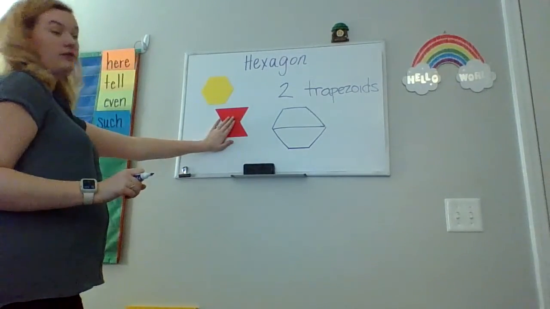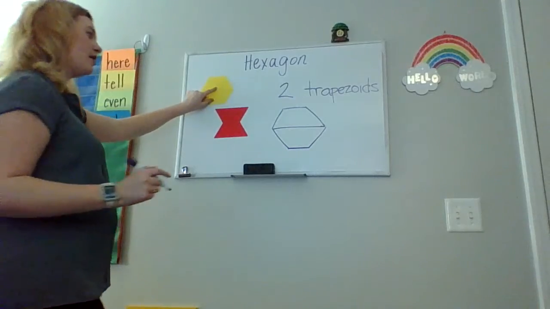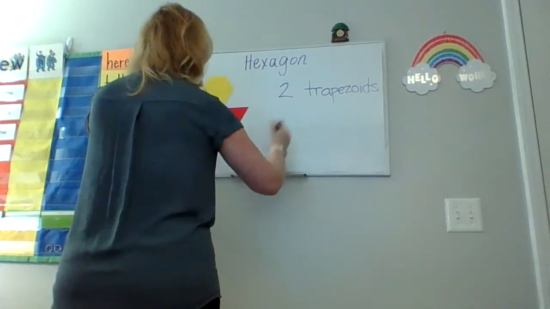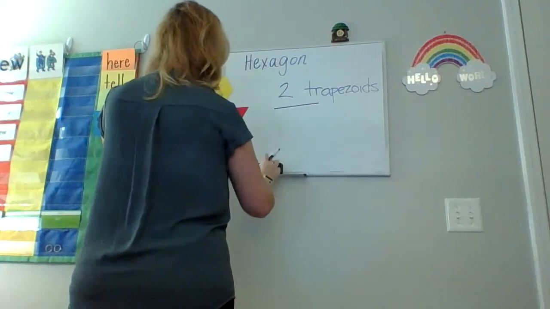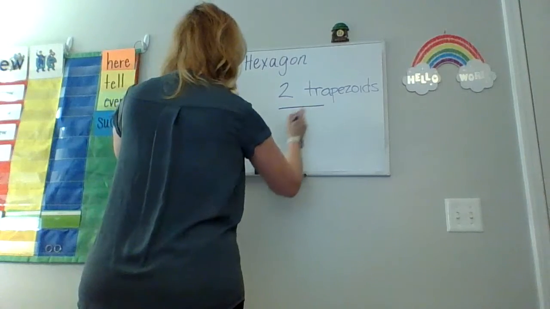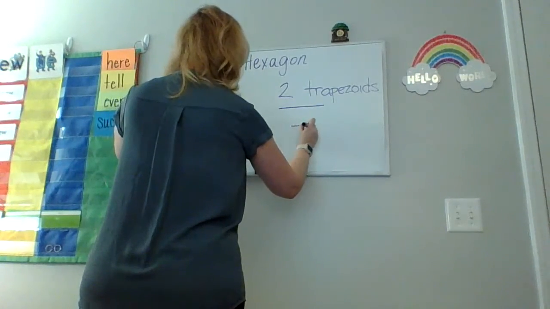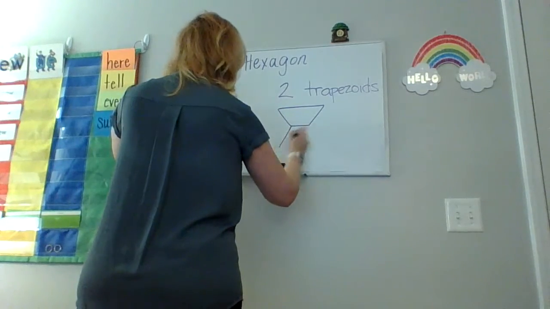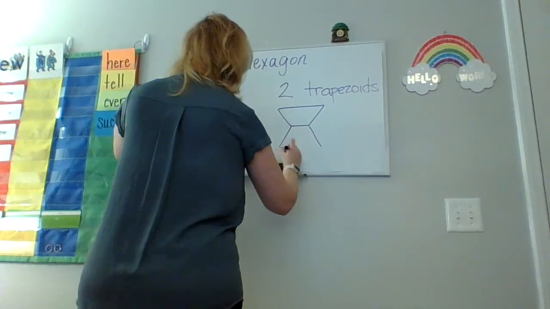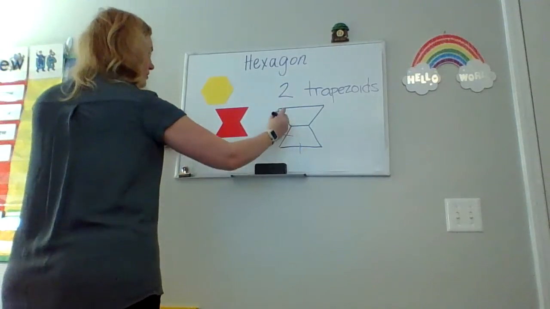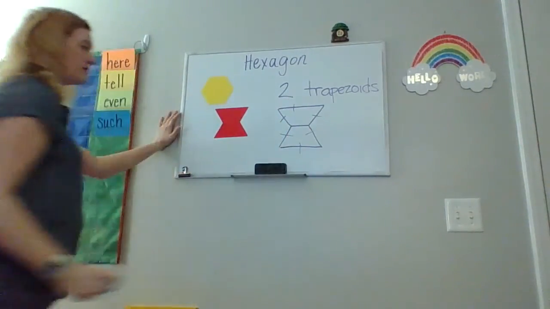Still a hexagon. I know it doesn't look like this hexagon, but if I was to draw this, okay. Whoa, that is angled, Mrs. Cooper. Okay. That still has 6 sides. 1, 2, 3, 4, 5, 6.